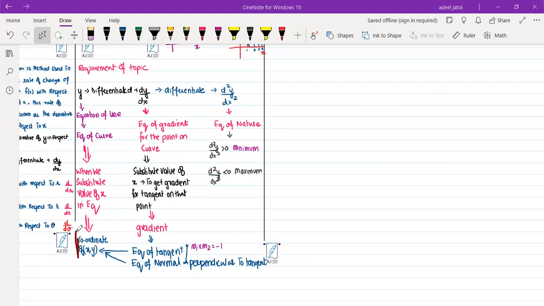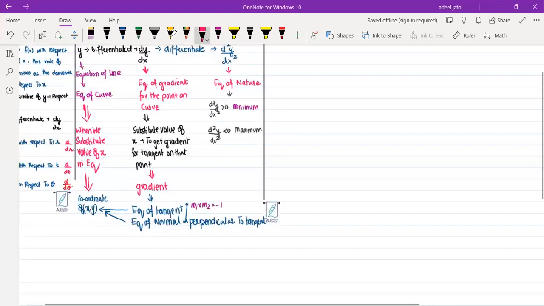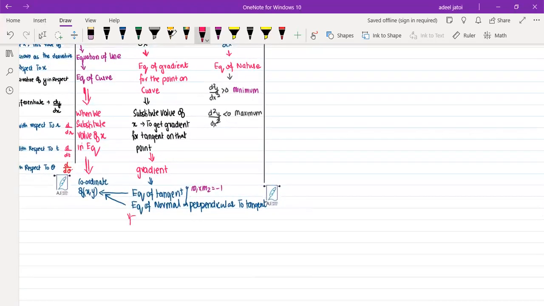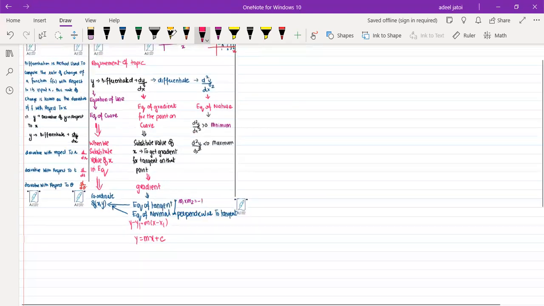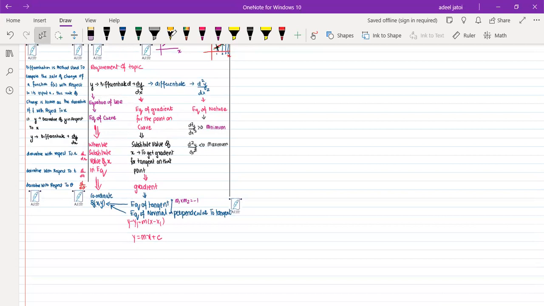And when the coordinates are there, you get the equation of the tangent and the equation of the normal, using y minus y1 equals m times x minus x1. That means the equation of the line form, which will eventually be y equals mx plus c.